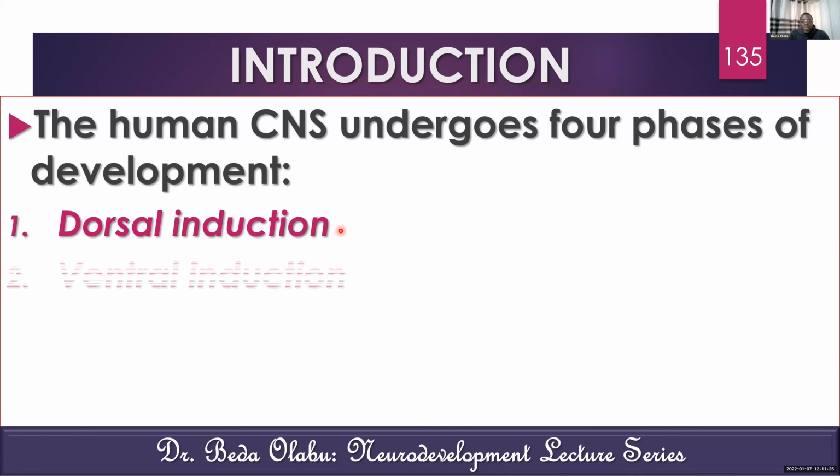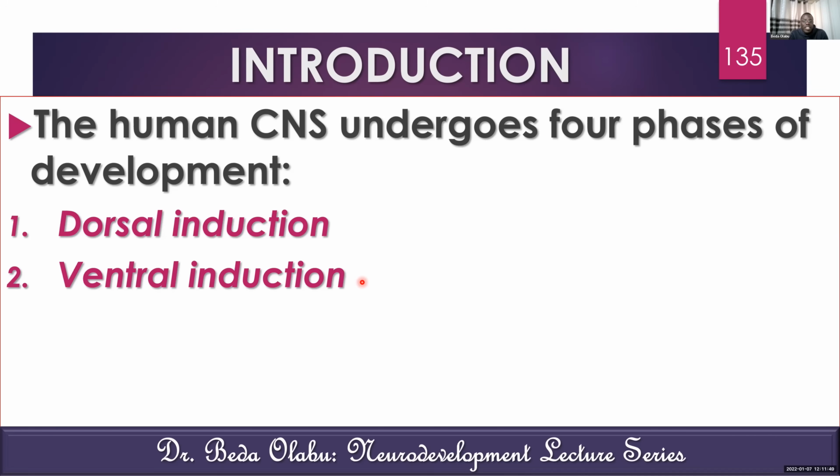After primary neurulation, there is a phase of ventral induction. The phase of ventral induction is largely the phase where the rostral neurotube is induced to form the brain vesicles, which then undergo separation to form the right and the left hemisphere.